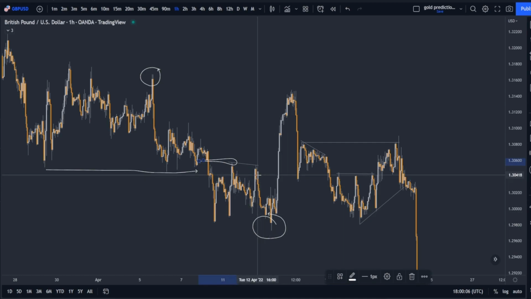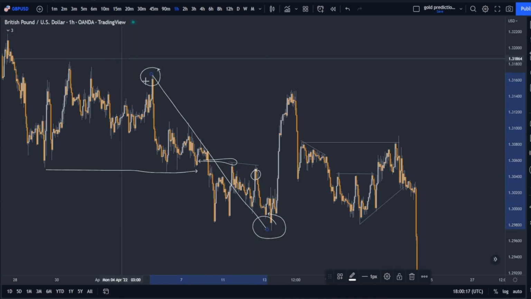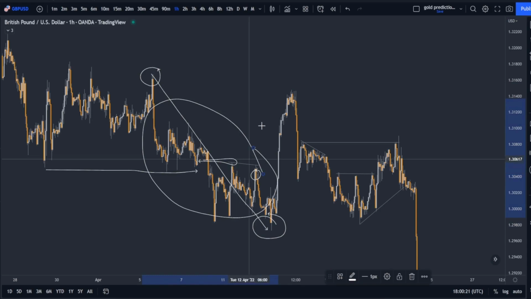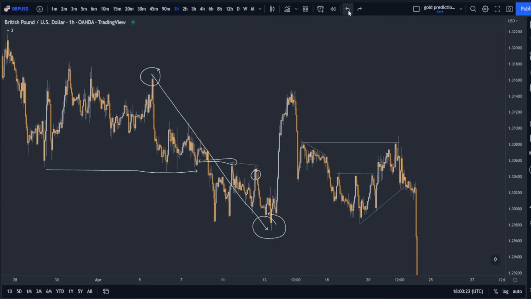At this point, would you not be looking to either short from this area or try and catch another short further down? Most people would, but keeping the bias of the overall high and low and understanding everything in here is built to engineer liquidity and trap retail is going to save you a whole load of headaches, okay?